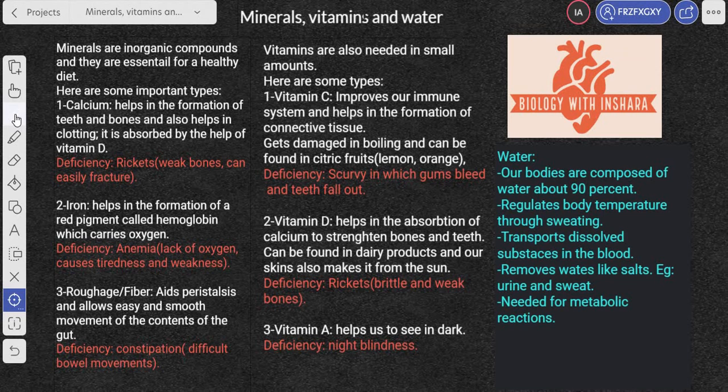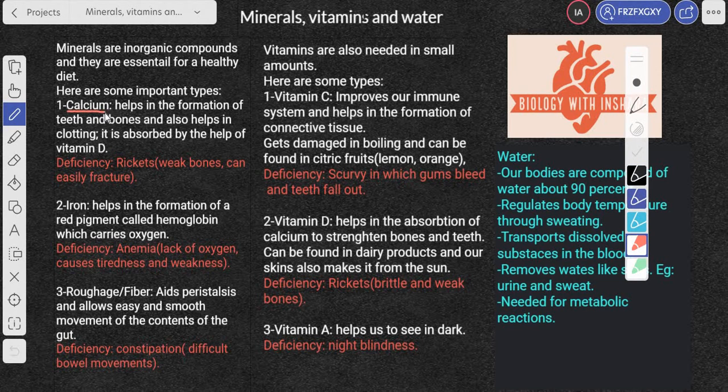Now get this. Let me explain this in a very simple way. This is your mineral calcium, okay? So to get calcium you need vitamin D. So what basically is the connection? Why do you need vitamin D to get calcium? When you have your vitamin D here, your calcium will be absorbed, but if you don't have your vitamin D here, there's no calcium for you.